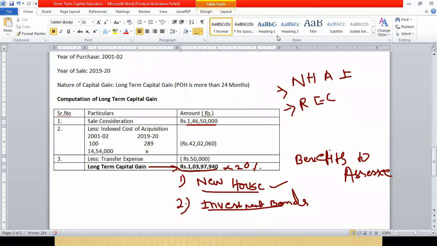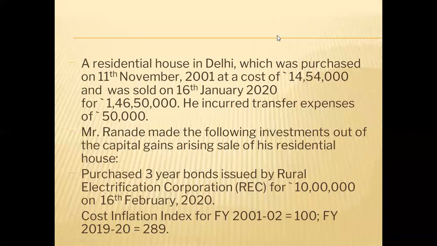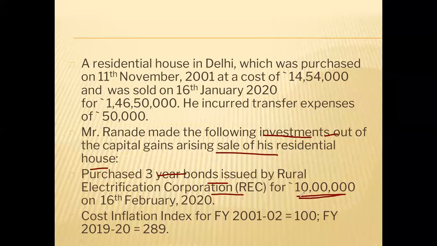So if you read this question, the second part is given. Mr. Ranade made the following investments out of the capital gain arising from the sale of his residential property: he purchased 3-year bonds issued by REC, Rural Electrification Corporation, 10 lakh rupees he has invested.